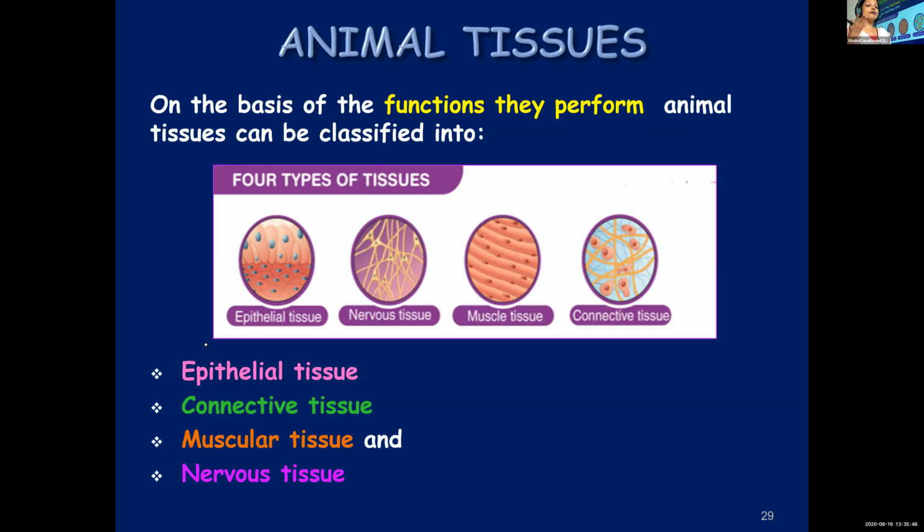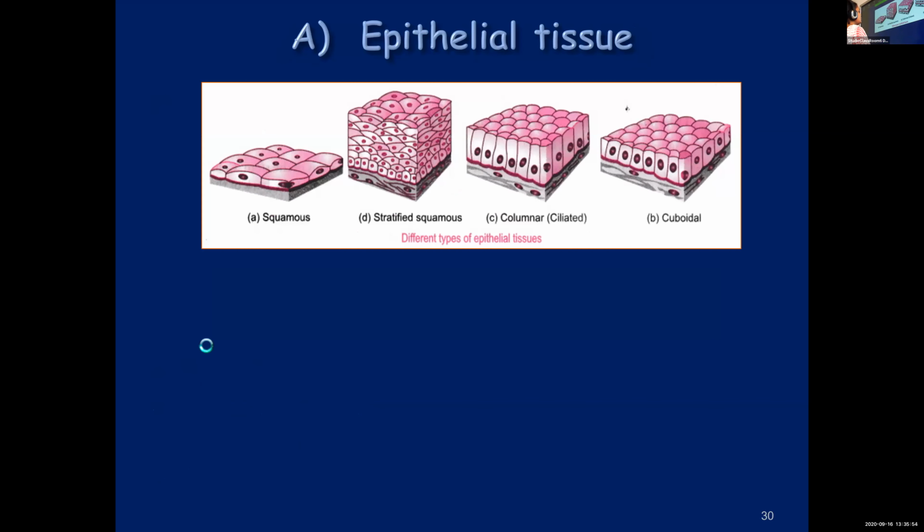Based on the function they perform. So we are going to start with the first tissue, that is epithelial tissue. There are different types of epithelial tissue. About the types, you will be learning in our next class. Now you will learn the basic, characteristic features of which tissue?